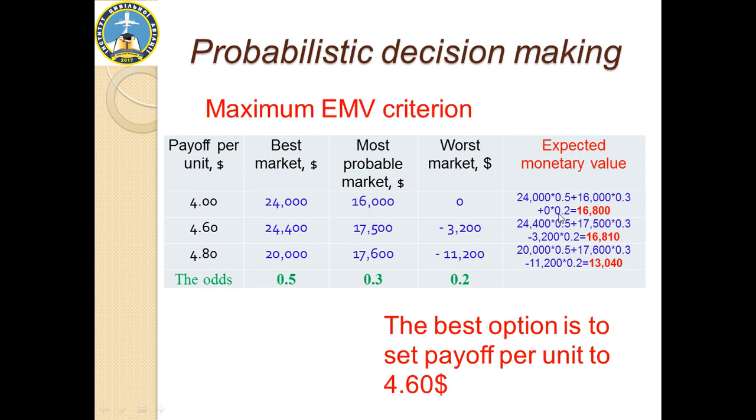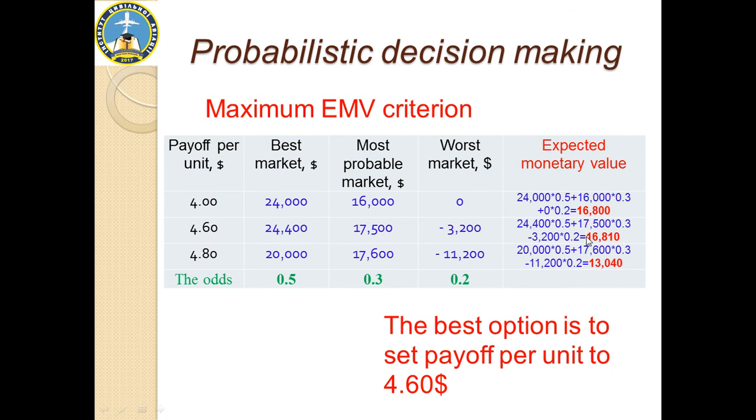Now the second decision-making option will have the expected monetary value of 16,810, and the third decision-making option will have the expected monetary value of 13,040. Now, by finding the maximum of these three expected monetary values, we obviously see that the maximum expected monetary value is achieved at the second decision-making option.